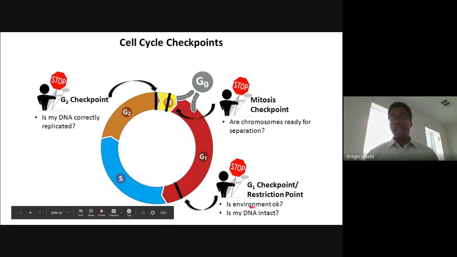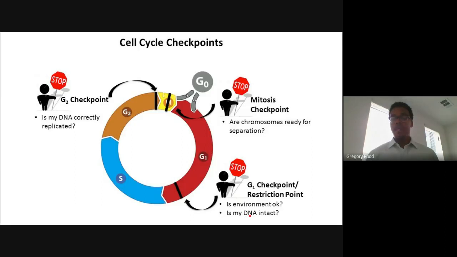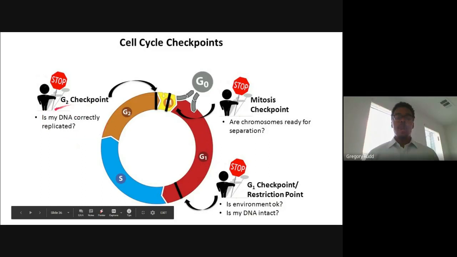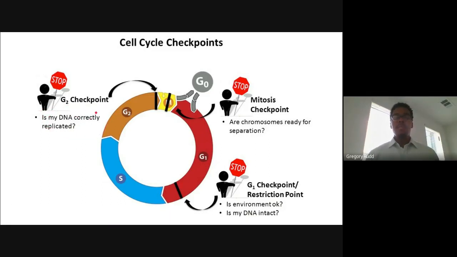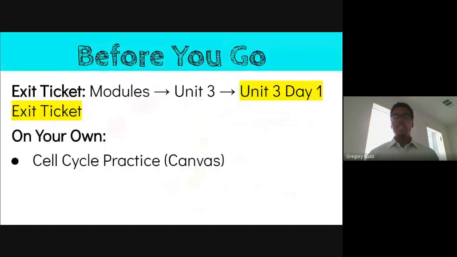Is my DNA intact? Cells should not divide if the DNA has been damaged, because that can lead to cancers. Is my DNA correctly replicated? So have I copied my DNA correctly before I move on? These are just some general questions that need to be asked before the cell actually does the process of dividing.